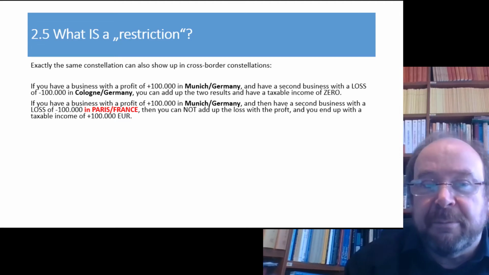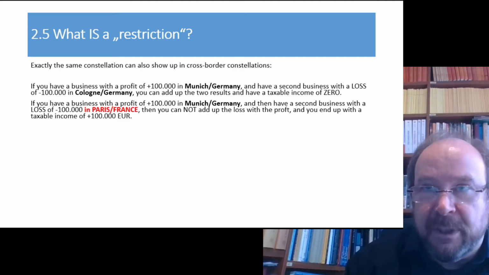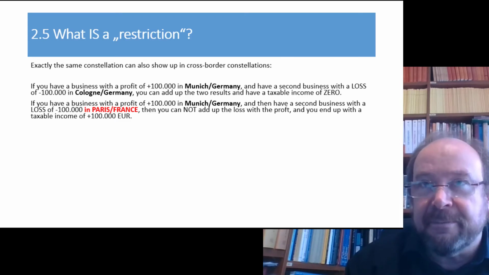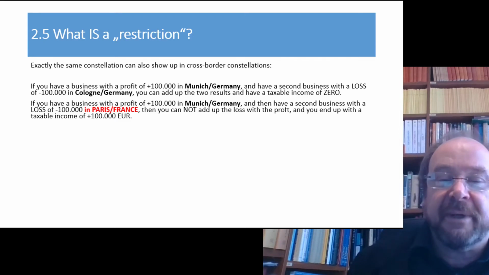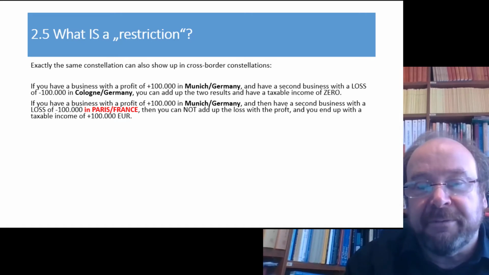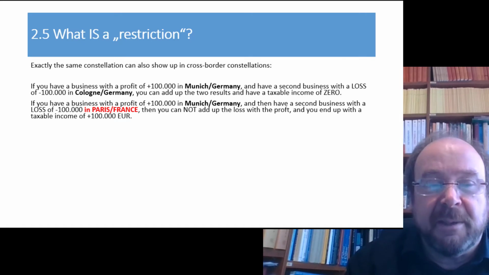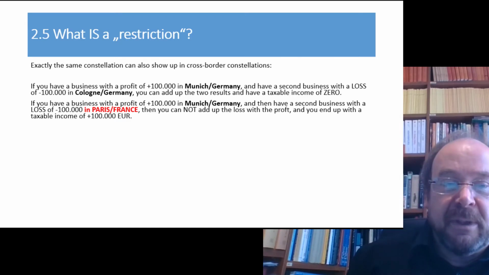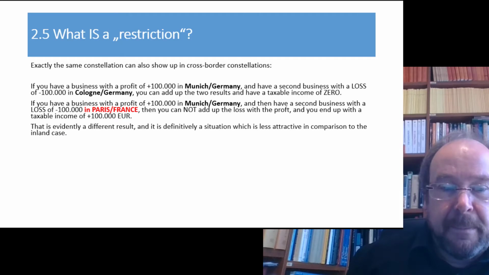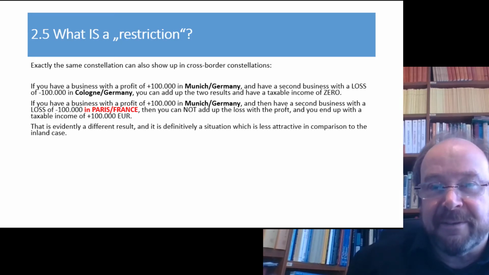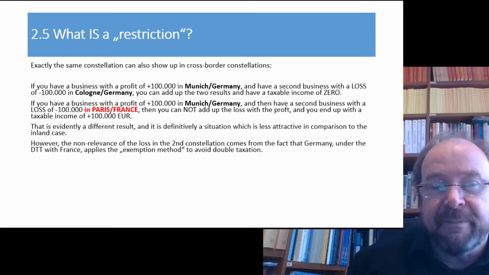Now, if you have a business with a profit of 100,000 in Munich and have a second business with a loss of minus 100,000 in Paris, in France, then you cannot add up the loss with the profit, and you end up with a taxable income of plus 100,000. One could say this is a different result and definitively less attractive in the cross-border situation.